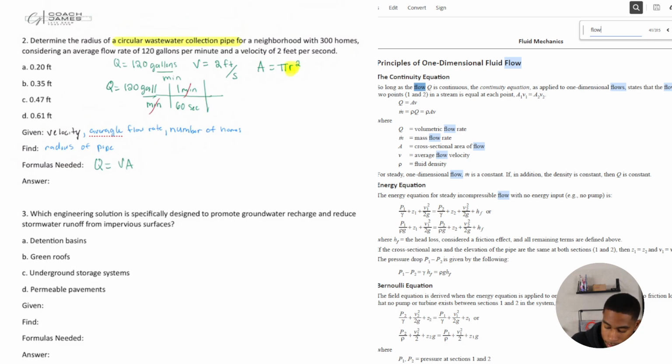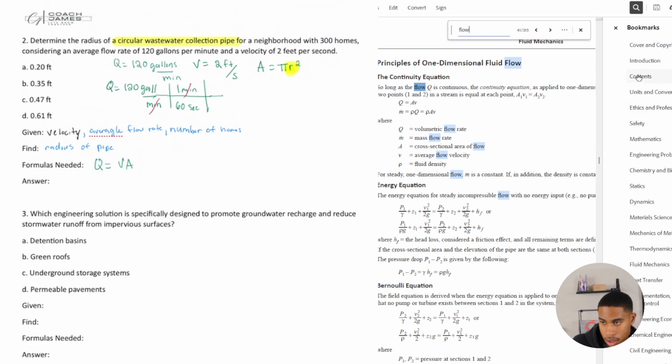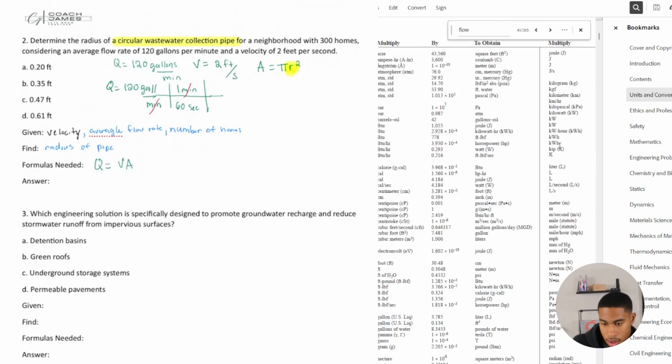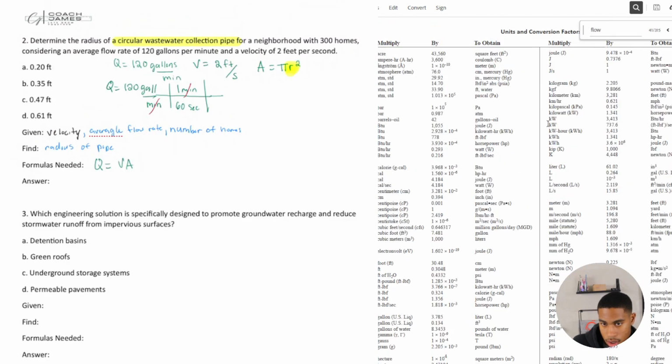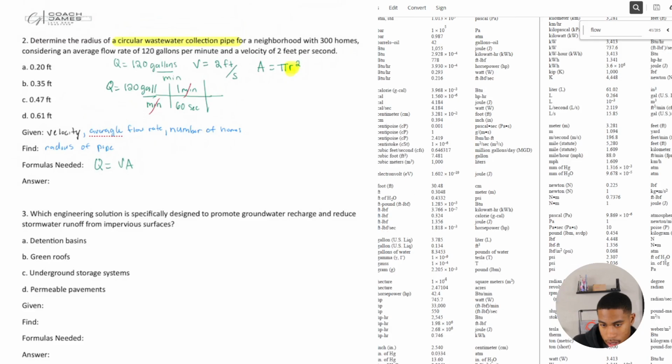All right, still a problem. We need it in feet cubed per second. So how many cubic feet are in a gallon? Or can you even do that? So let's check unit conversions. 1 gallon is equal to 0.134 feet cubed.